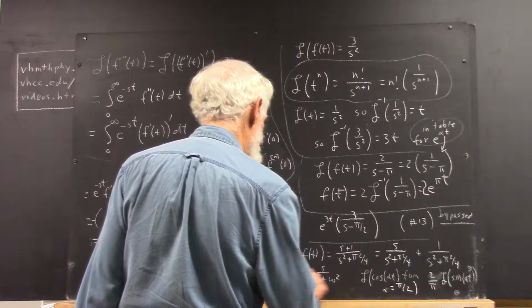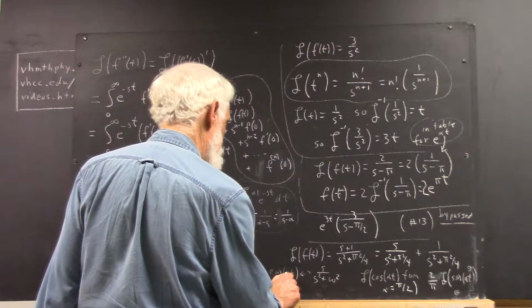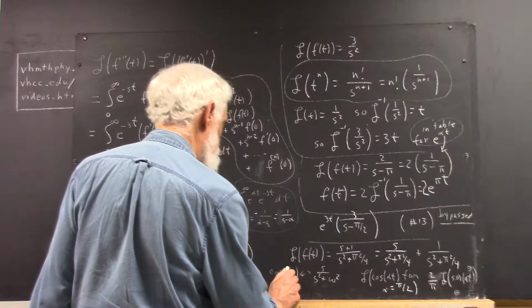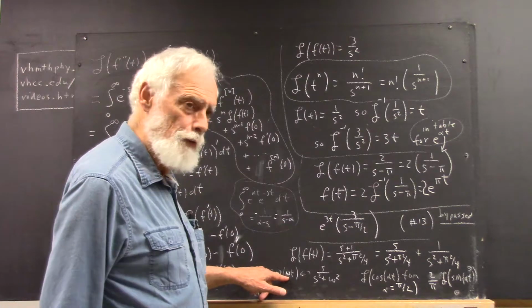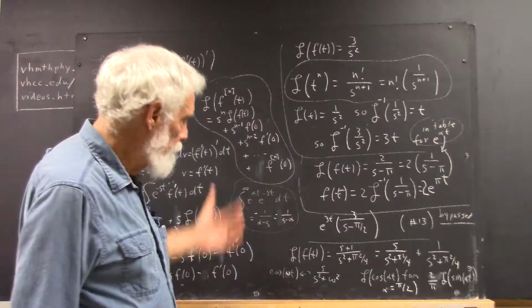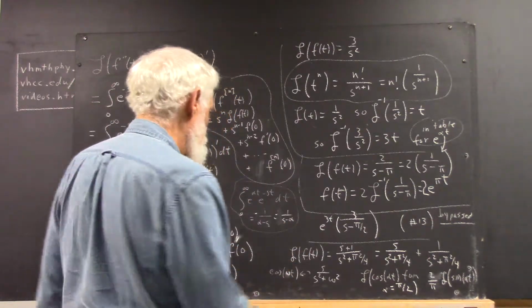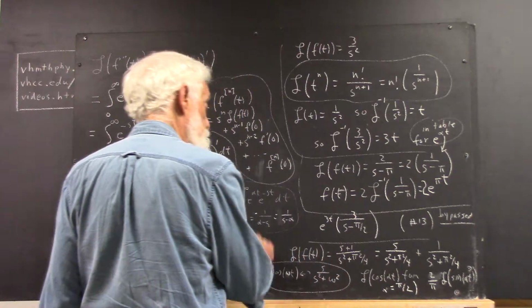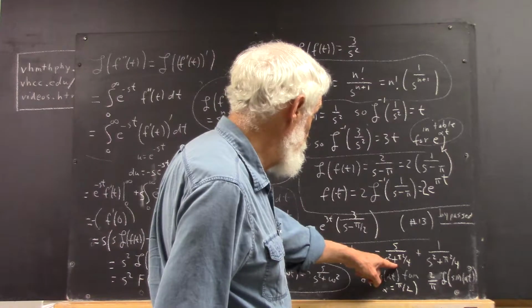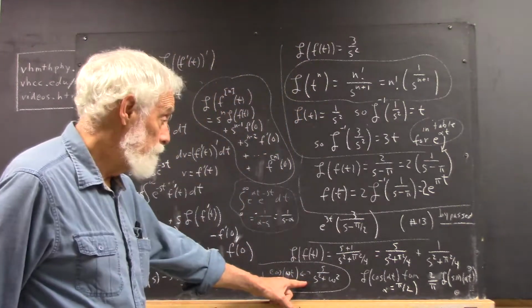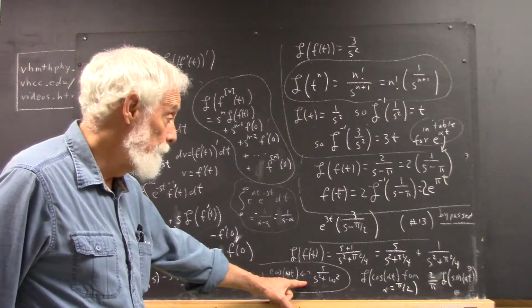Actually I think your book has it in terms of omega, which is very appropriate because that's angular frequency, and when we're doing differential equations, if we have a cosine of a multiple of t, it's usually because there's an angular frequency omega. Okay, so this is in the table. So we can recognize this as an instance of what's on the table.